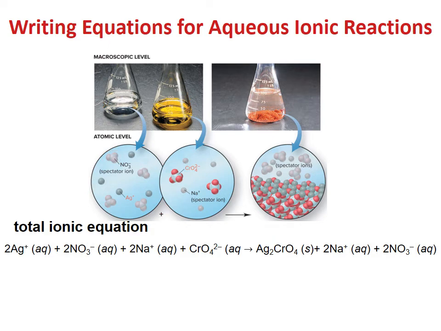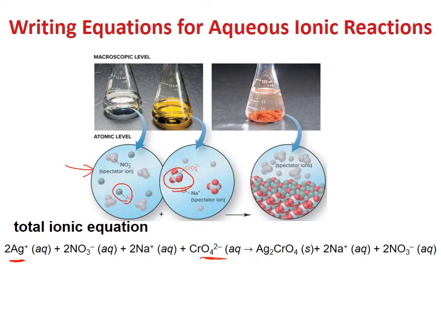Let's look at the total ionic equation in more detail. In the reactants, we have silver ion and chromate ion. Silver ion comes from silver nitrate. If we look at the diagram, here is the silver ion dissociated from silver nitrate, and the chromate ion from the sodium chromate.